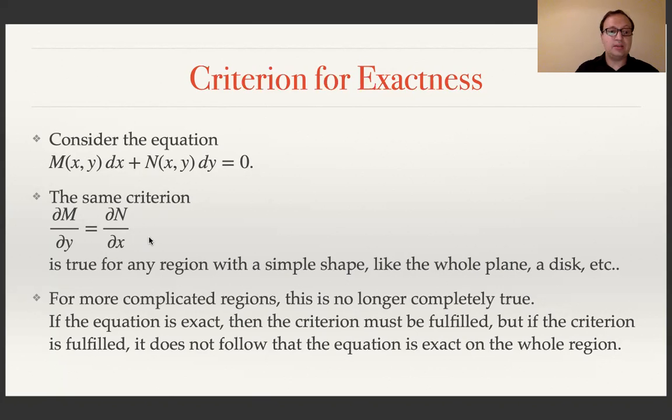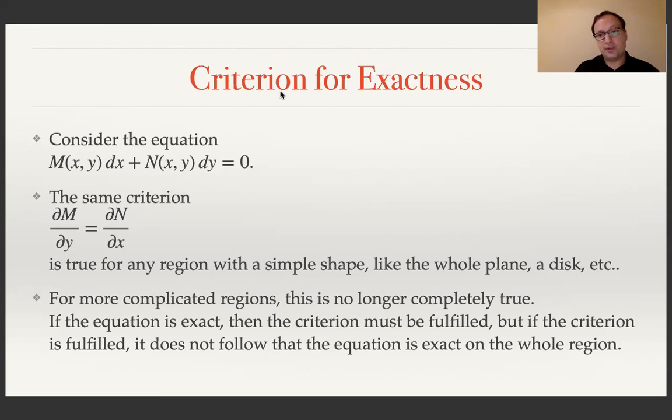What happens instead is that if the criterion is fulfilled, then the equation will be exact on simple regions, on regions with simple shapes inside the overall domain, but it may fail to be exact on the whole region if it has a sufficiently complicated shape.